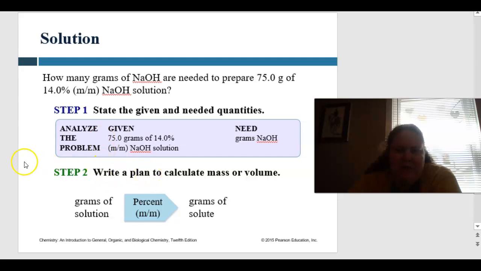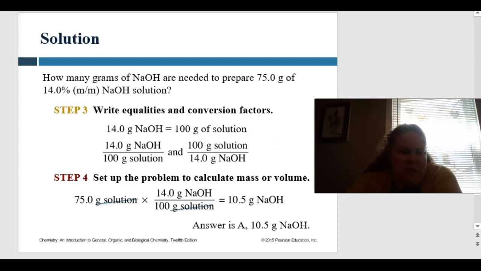So let's write the plan to calculate this. And there it is. Step 3, let's write the equalities and conversion factors. Step 4, set up the problem to calculate the mass or the volume. And you end up getting 75 gram solution times 14 over 100 equals 10.5 grams of sodium hydroxide. So the answer is A.